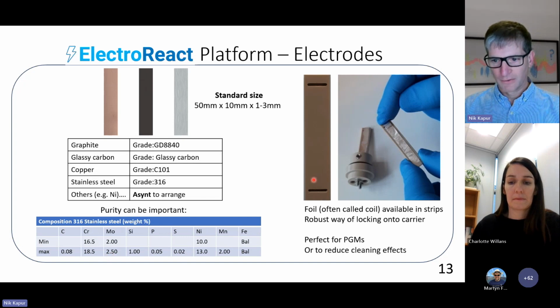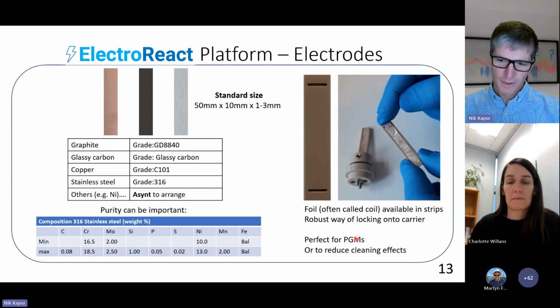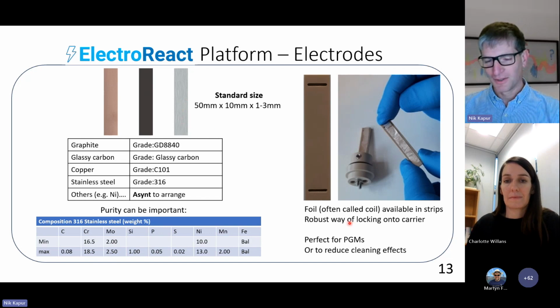And over on the right-hand side, I've talked about these foil carriers a little bit already. If you're using things like platinum group metals, which are often used in electrosynthesis, you want high purity materials, but it's obviously very expensive to buy a piece of material like this.